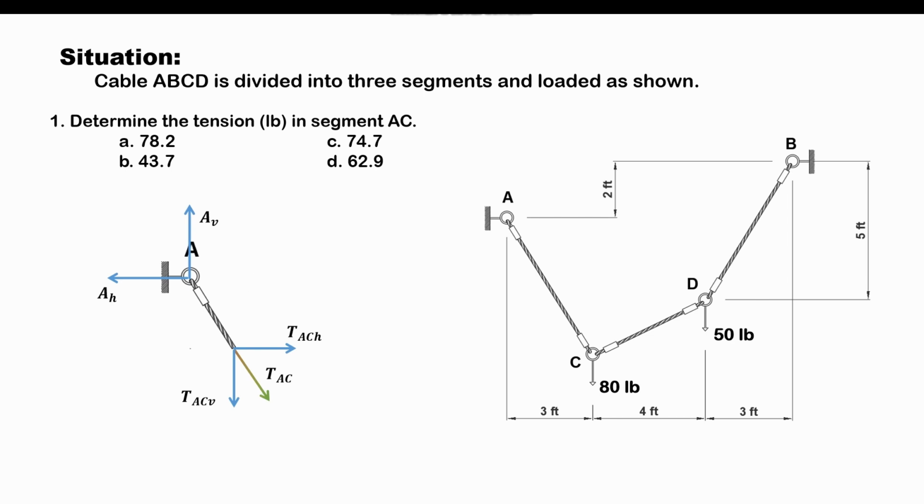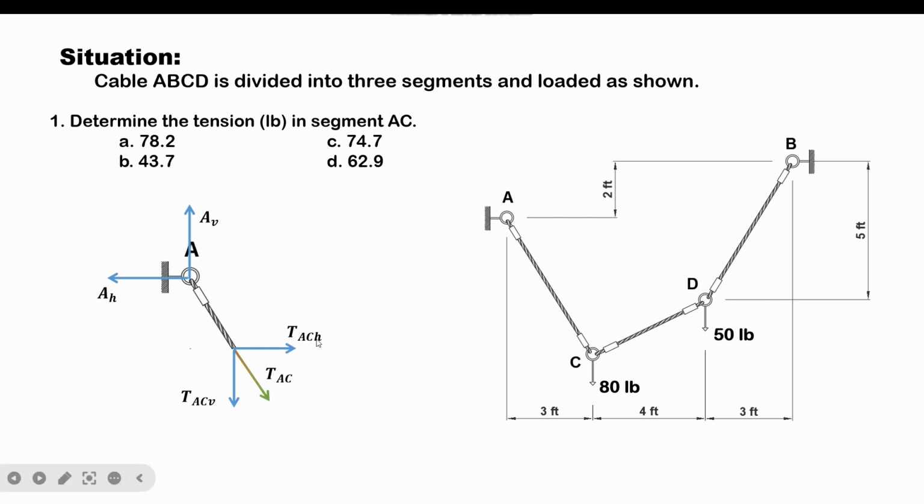We would need another equation involving AH and TACH to compute their values. Again, for cases wherein the joint where the support is located is not subjected to external forces, the resultant of the reaction at that point will be equal to the tension of the segment connected to it.